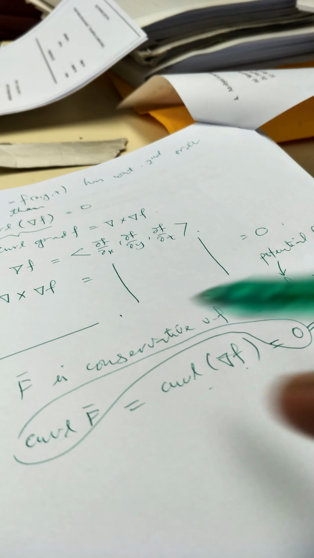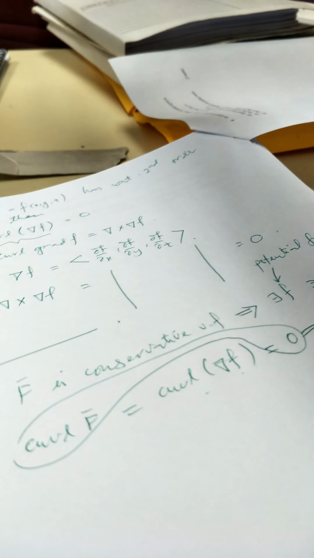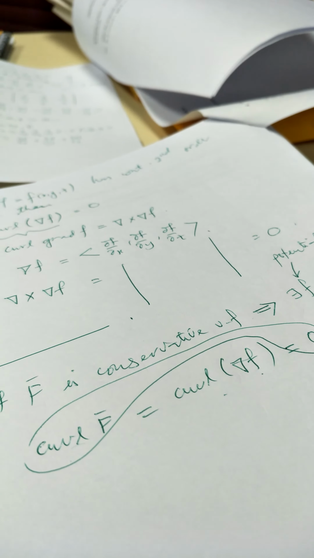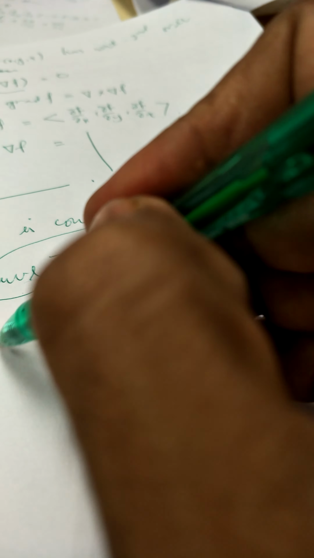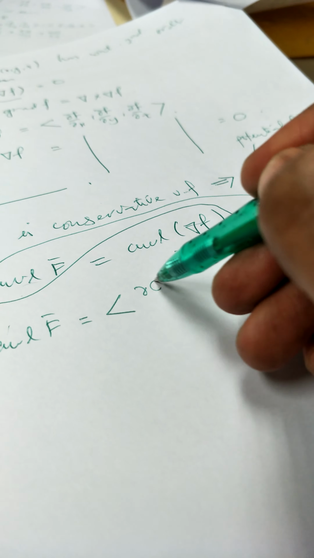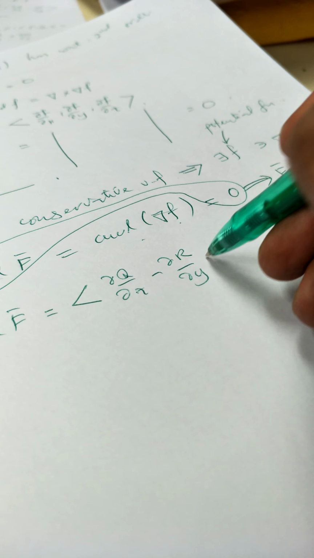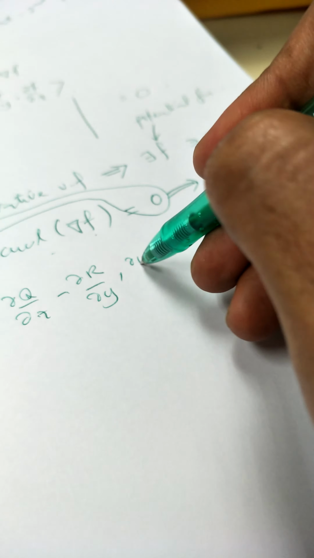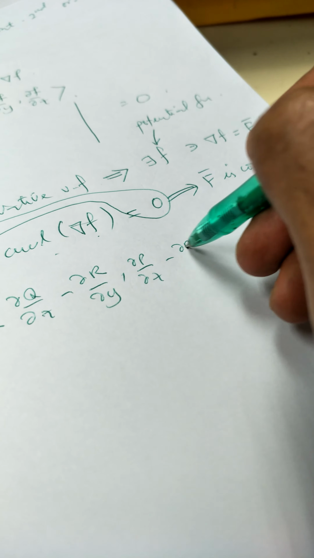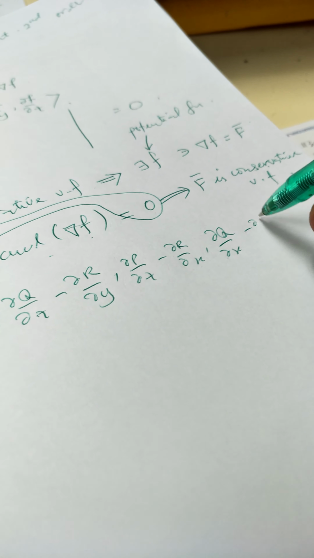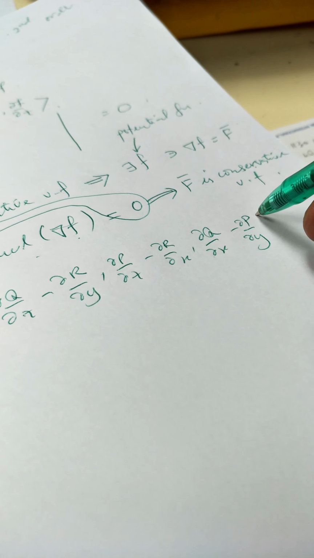If you proceed with this conservative vector field using that relation, what do we have? Curl of F: del q del z minus del r del y, del p del z minus del r del x, del q del x minus del p del y.